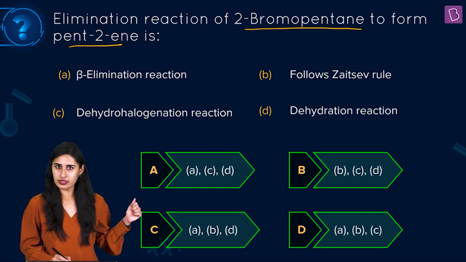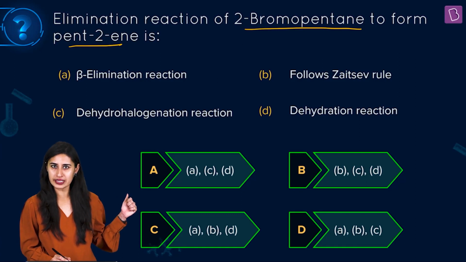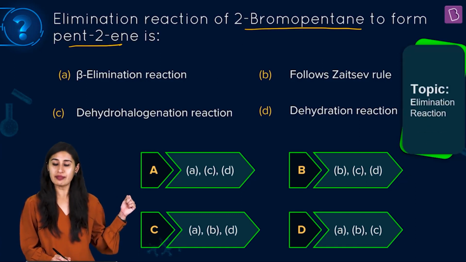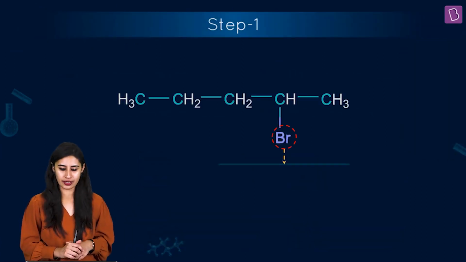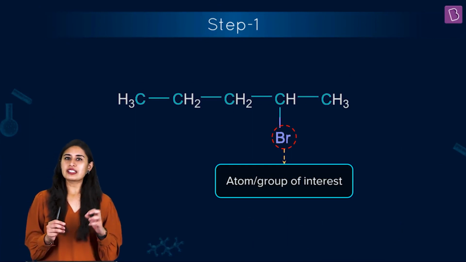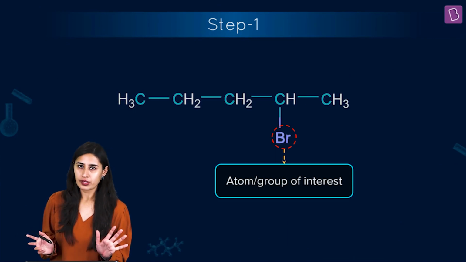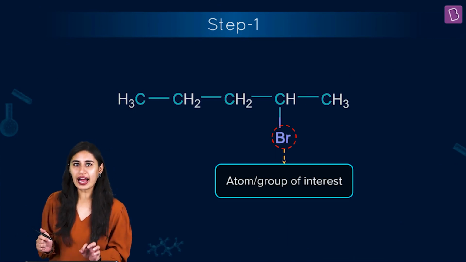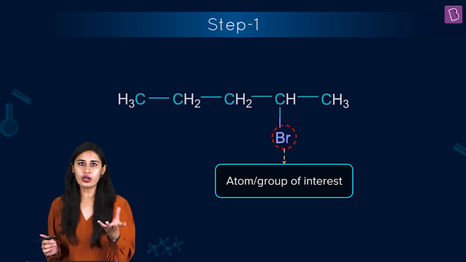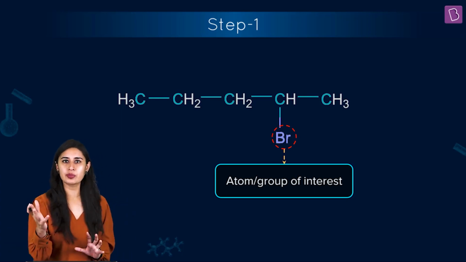So the question belongs to elimination reactions, as you've already understood. Let me start by addressing what this alpha-beta thing is. Please observe that the atom of interest here is bromine. We look for a group of interest or an atom of interest.